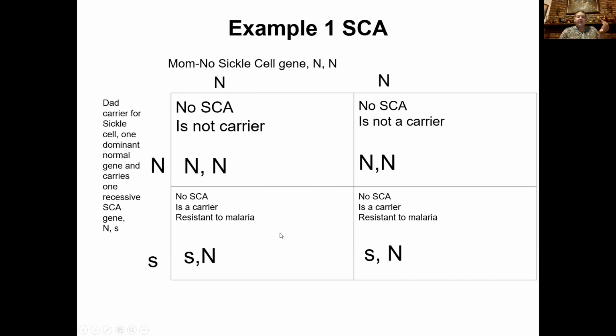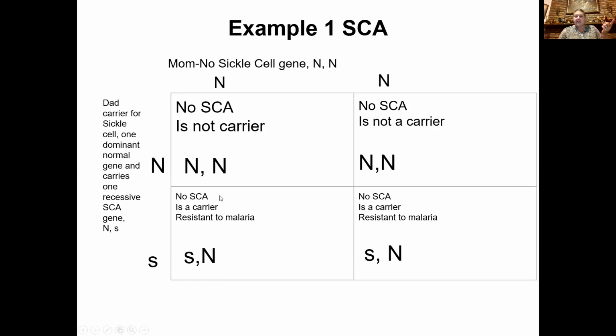These two kids, on the other hand, happen to inherit, by roll of the dice, this sickle cell gene from dad and a normal one from mom. So just like the dad, these two kids have resistance to malaria because they carry that gene.